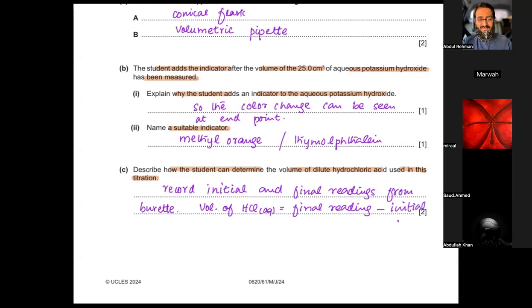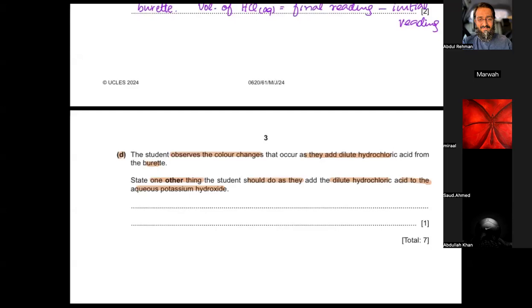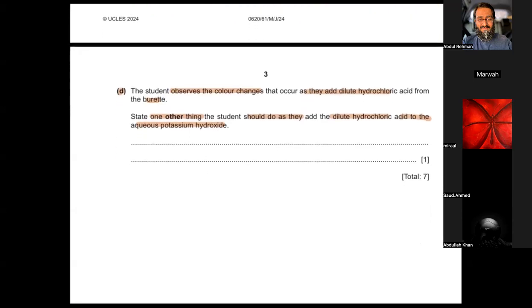Okay. Now, part B. The student observes the color change that occurs as they add hydrochloric acid from the burette. State one other thing the student should do as they add dilute hydrochloric acid to the aqueous potassium hydroxide. They should continuously swirl it. Yes, very good. Stir it.